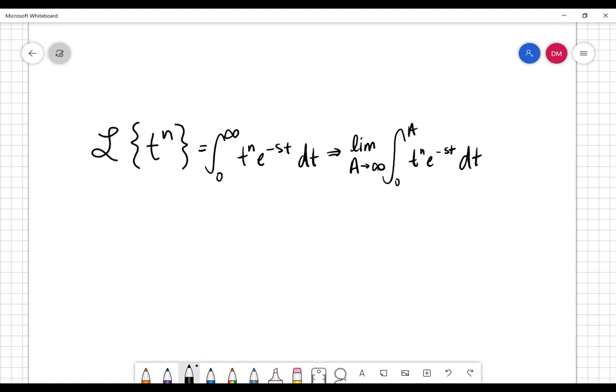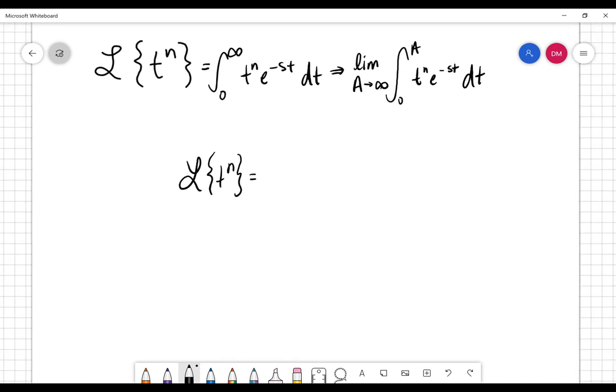And I would like you to finish this problem here, figure out what this looks like by integrating by parts, evaluate the limit, and tell me 2 things in your solutions that you submit. What is the Laplace of t to the n equal to? And then I want you to apply that to a couple of things here. I want you to apply it to the Laplace of t squared.